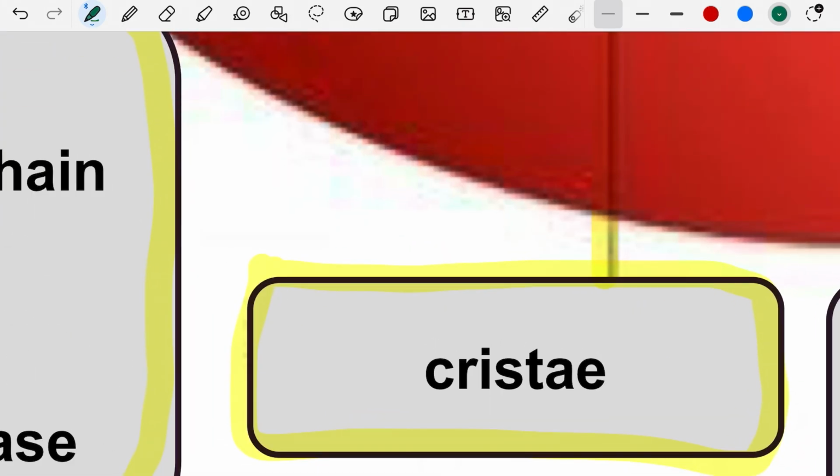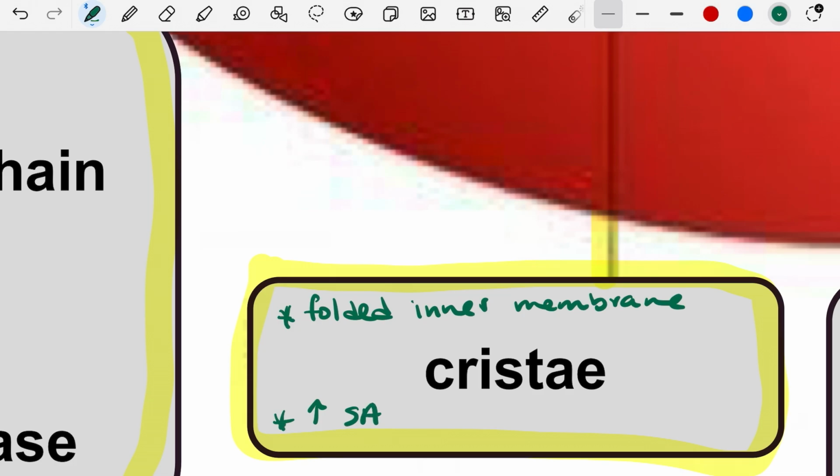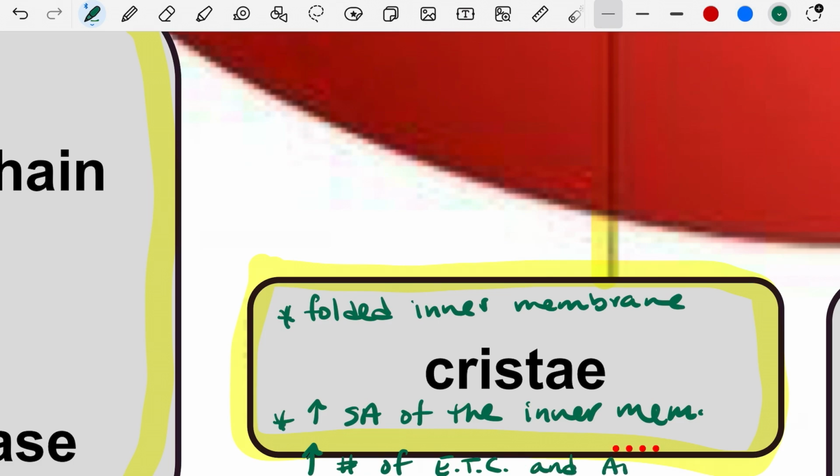This is the folded inner membrane. And the reason why they're folded is that it increases the surface area of the inner membrane, which means that you can increase the number of electron transport chain proteins and ATP synthase proteins.